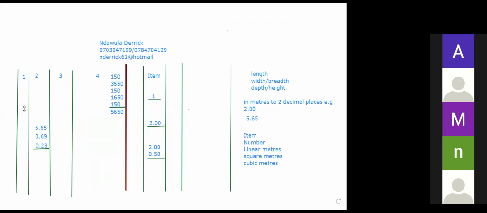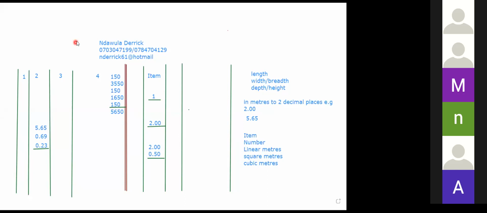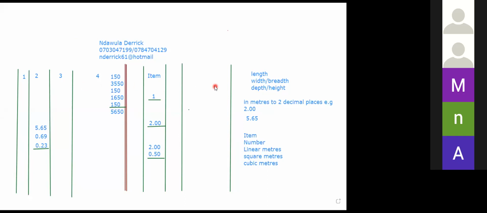Tony, your hand is raised. Thank you, sir. I wanted you to help me pardon for me on the recordings of where we have 3 figures, the 2 figures and 1 figure. I have not understood it. Okay, Gilbert, what were you saying? I was saying that you would pardon me the same as Tony is requesting.